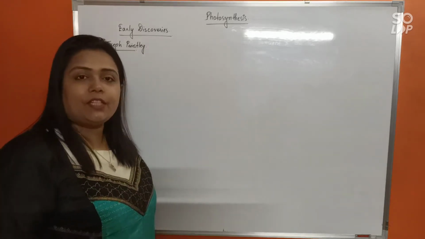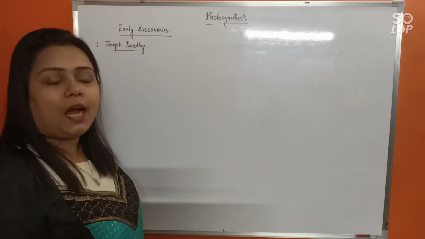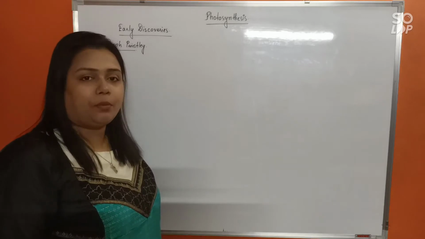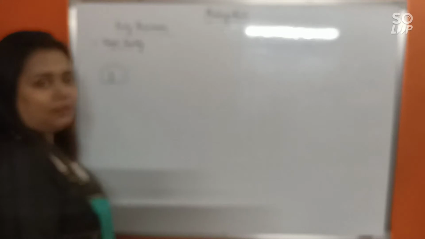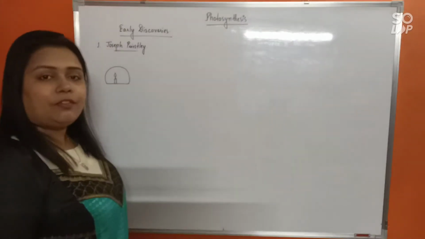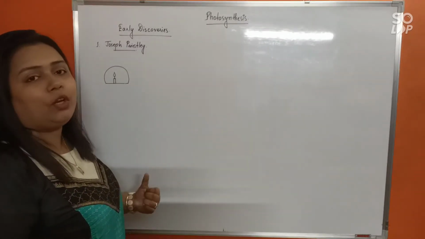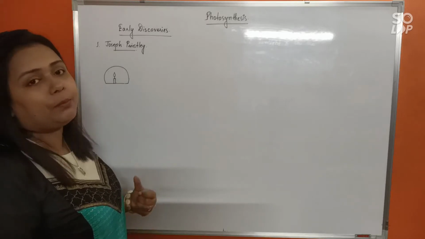Joseph Priestley in 1770 conducted the famous bell jar experiment. Okay. So in the bell jar experiment, inside a bell jar, he would first introduce a burning candle and he would eventually see that the flame would be extinguished. It will be put off.